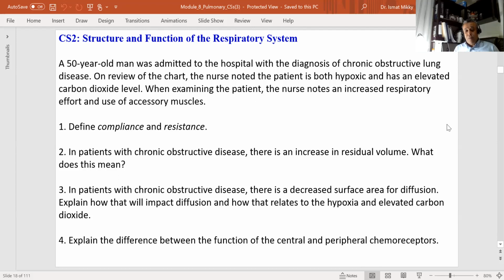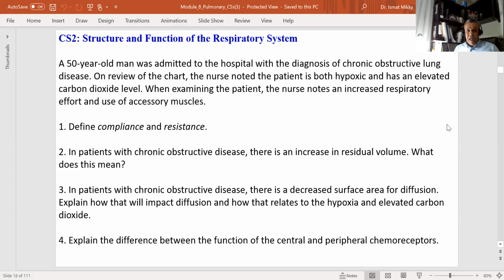Now, residual volume cannot be directly measured. It is known that residual volume increases in diseases where there is air trapping. So with COPD, the patients are able to inhale, but they have a problem with exhaling or expiration, exhaling the air taken during the inspiration.